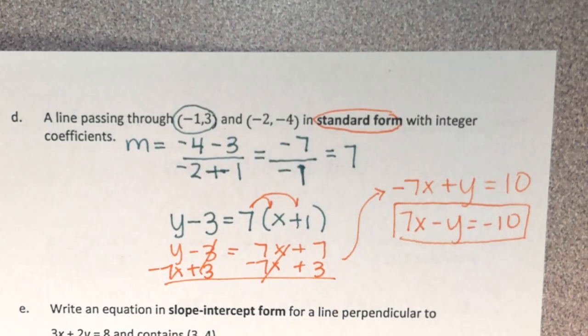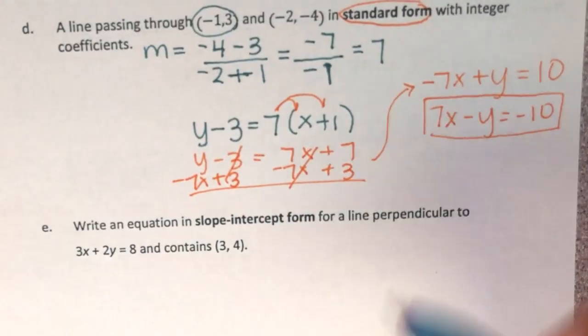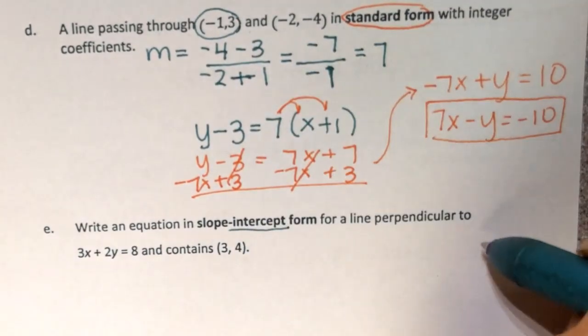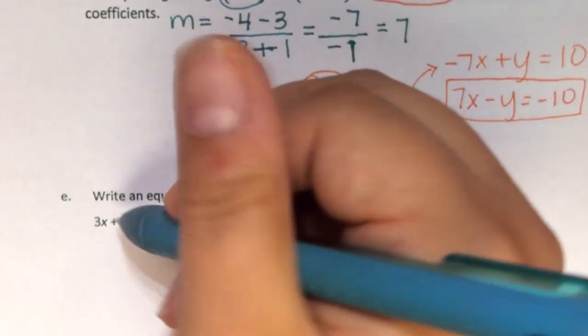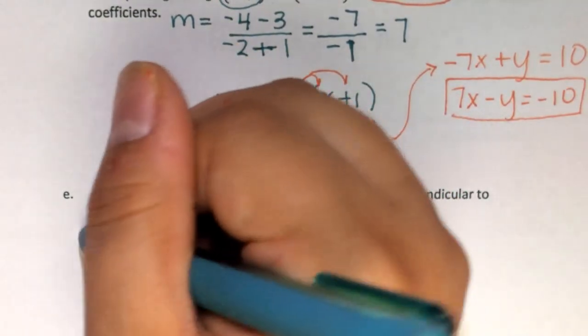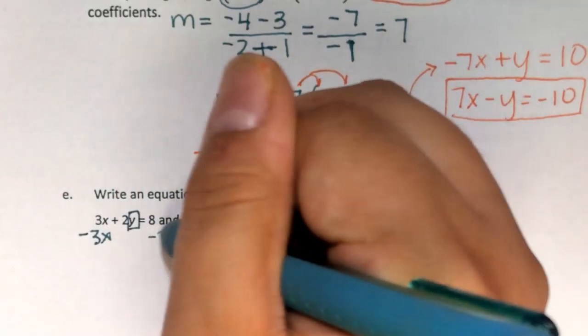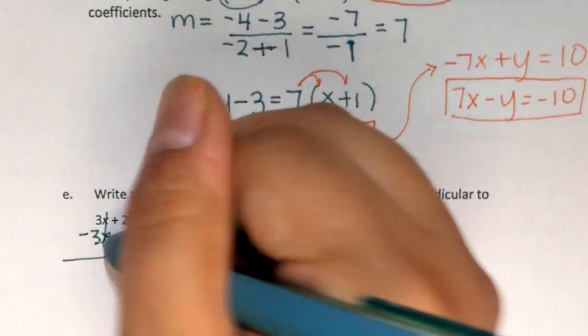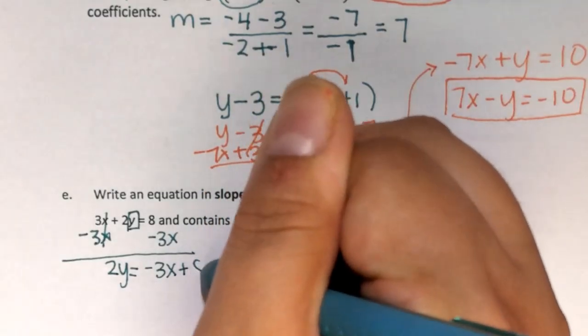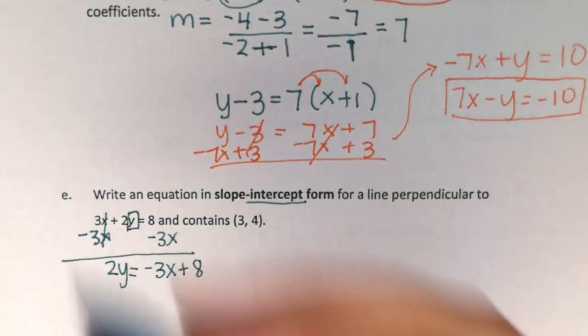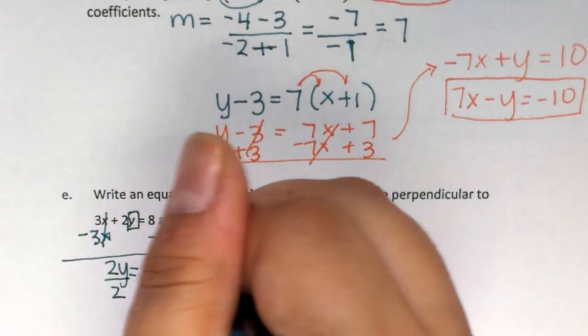All right. Write an equation in slope-intercept form of a line perpendicular, and it does not give me this in slope-intercept form. So in order to find the perpendicular line, I need to solve it. And then divide.